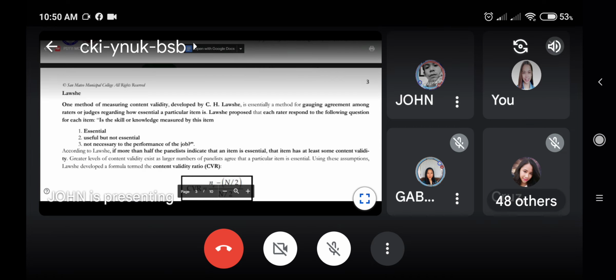Lawshe proposed that each rater respond to the following questions for each item. For example, for appraisal: is the skill or knowledge measured by this item considered to be one, essential? Two, useful but not essential? Or three, not necessary to the performance of the job?